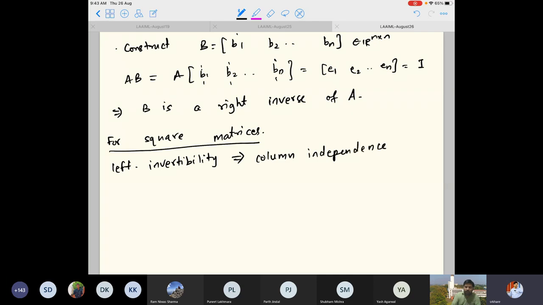This is true for any matrix, but for square matrices, this also meant right invertibility, right? So maybe I will write it in one line: column independence, and this implies right invertibility, correct?